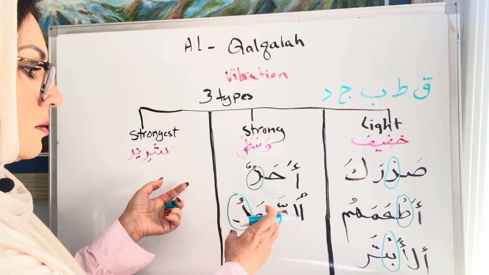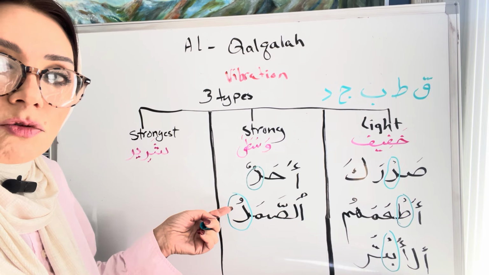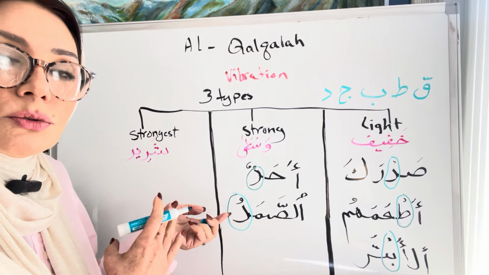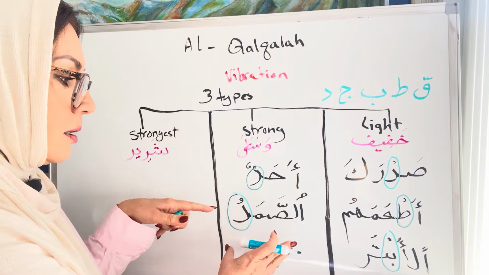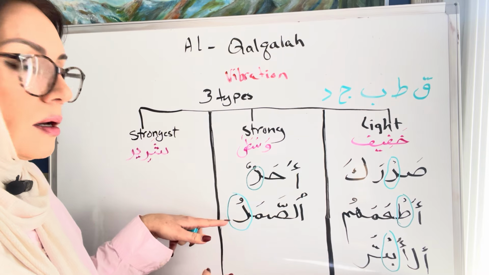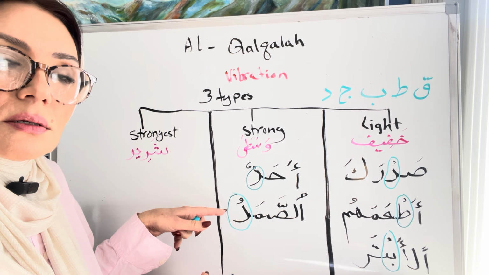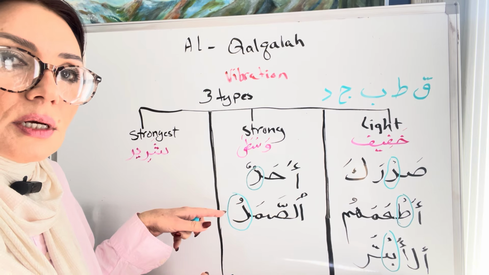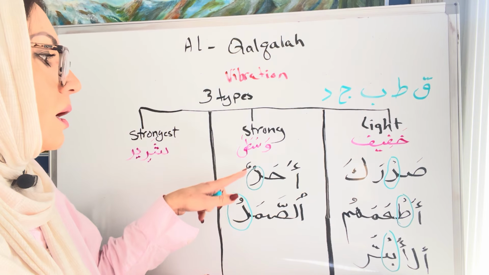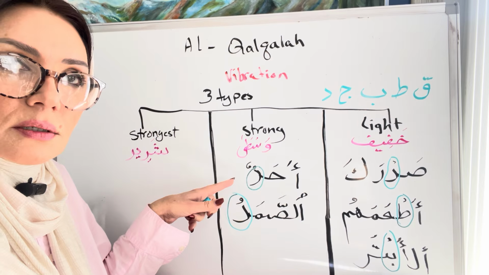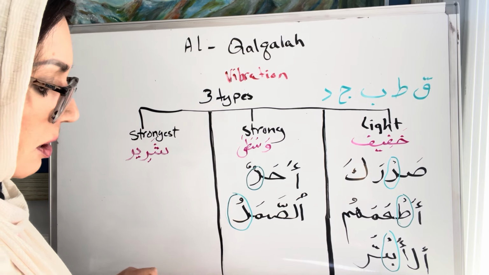But if there's something else right after, you're just reading the dal as is because there's a dhamma on it. As-samadu, right? And then it goes on to something else. But if we're stopping here, then the qalqala comes out. So if we stop, then it becomes as-samad, as-samad, right? That is the dal. Ahad, ahad, as-samad. Okay, that's the wusta qalqala.